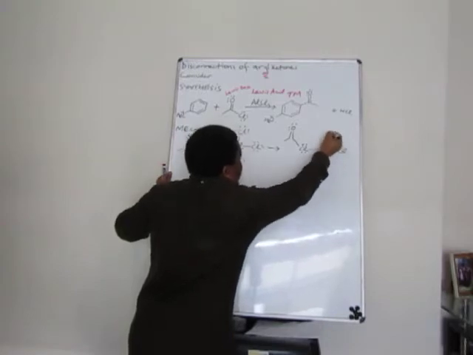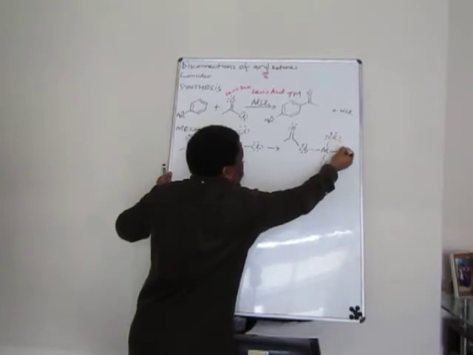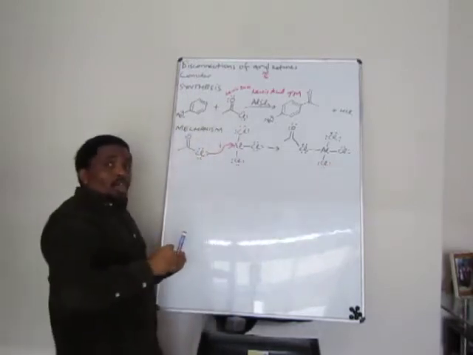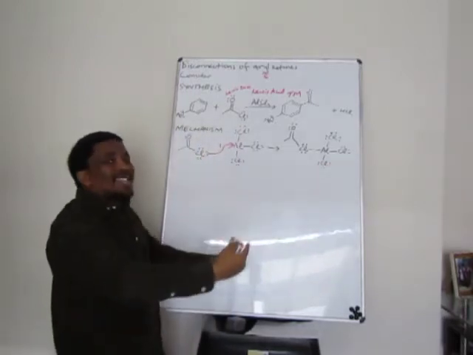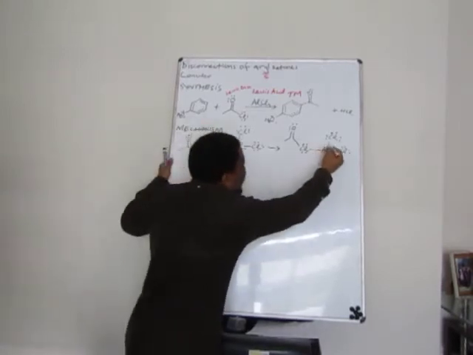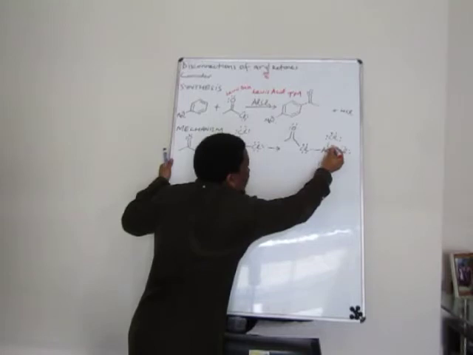Now, your Al has accepted a pair of electrons, and therefore it becomes negative in charge.